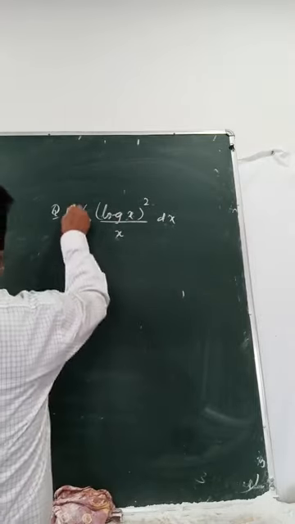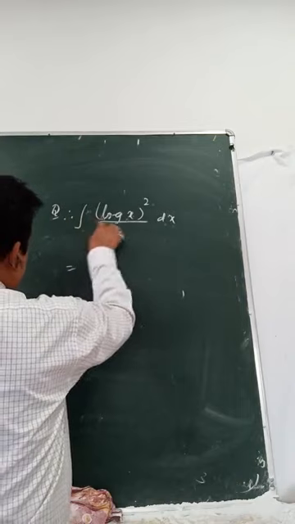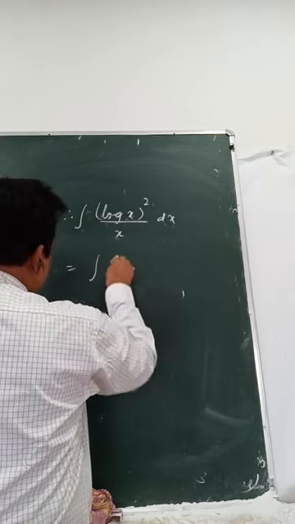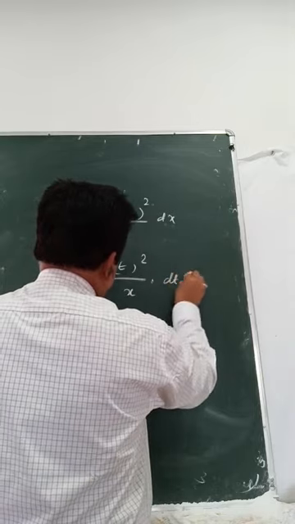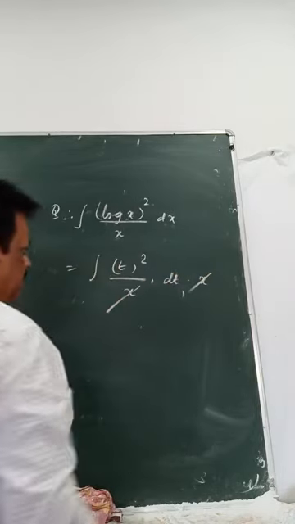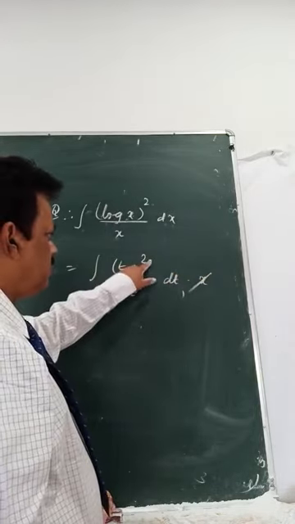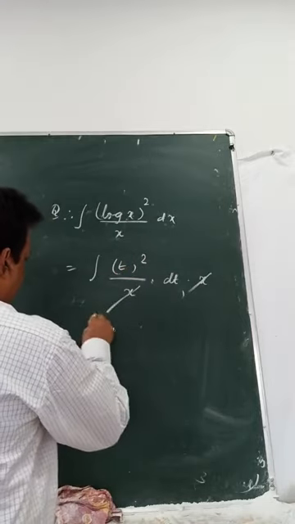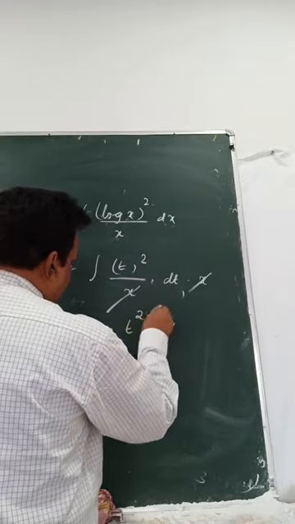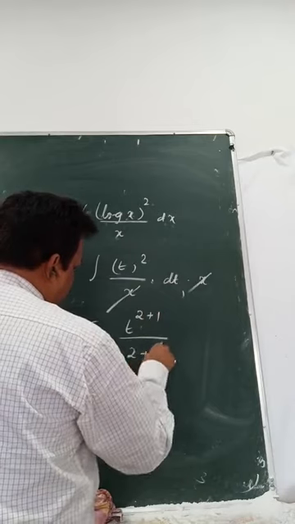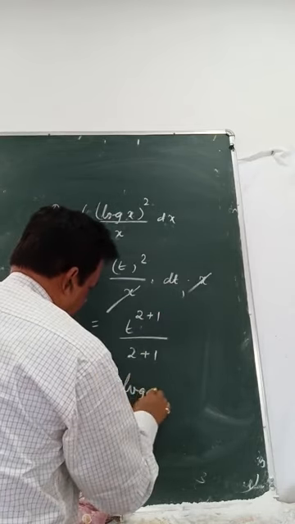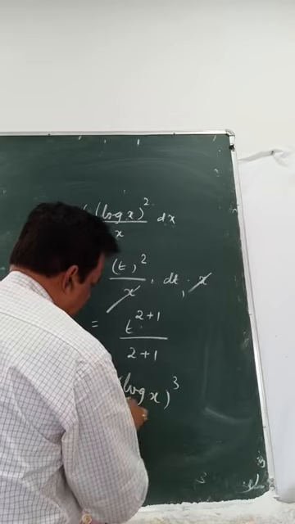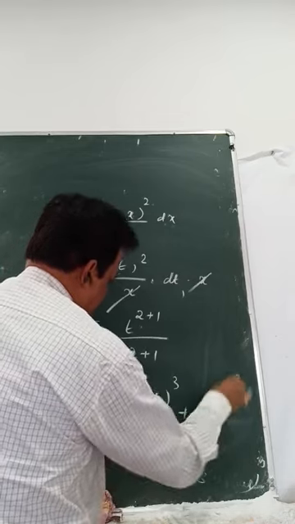Therefore, log x is t, so t power 2 by x into dt into x. x gets cancelled. Now t to the power 2, so nth formula: t to the power 2 plus 1 by 2 plus 1. Put back the value of t: log x power 3 by 3 plus a constant.